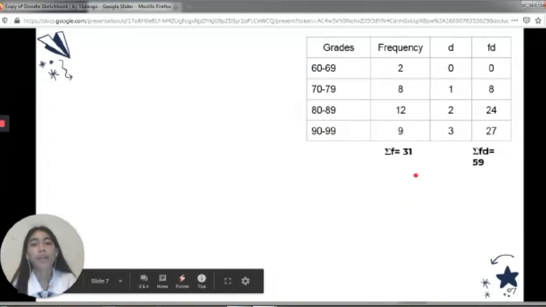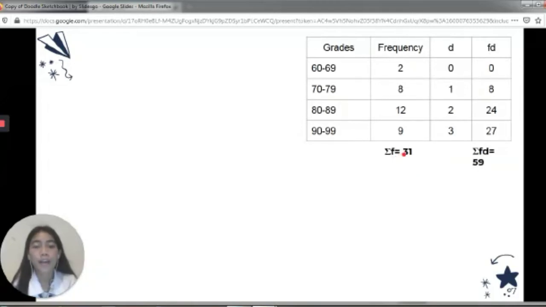To find the summation of F, i-add mo lang yung lahat ng frequency. Yun na po yung sum ng lahat ng frequency.